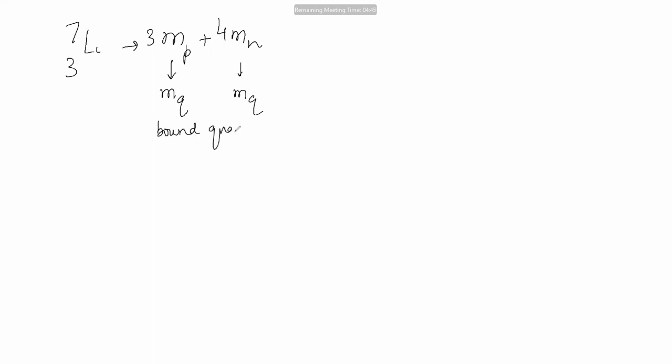Therefore, the important point is that the mass of a nucleus like lithium 7, which I have written, is coming from the masses of 3 protons plus 4 neutrons, isn't it? And where are the masses of the protons coming from? From the masses of quarks, where these quarks are not free quarks, but bound quarks.